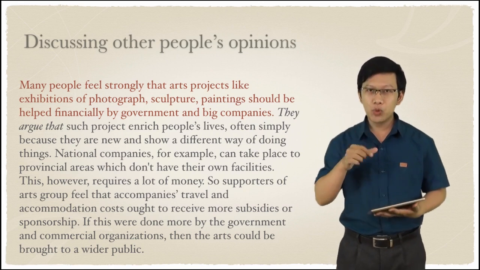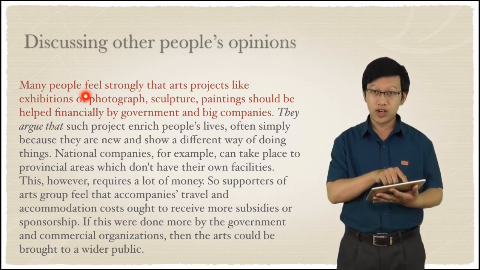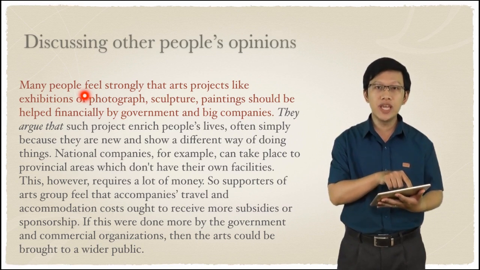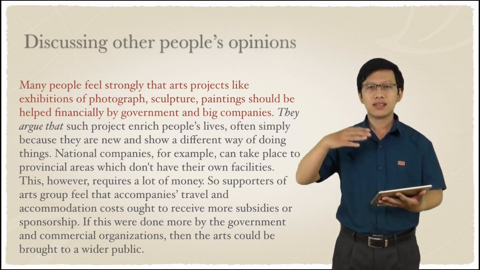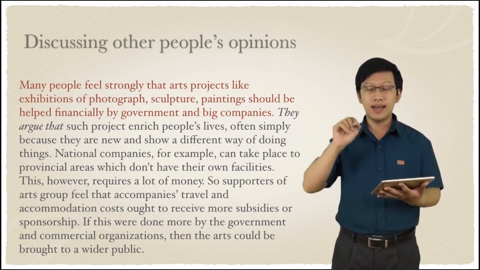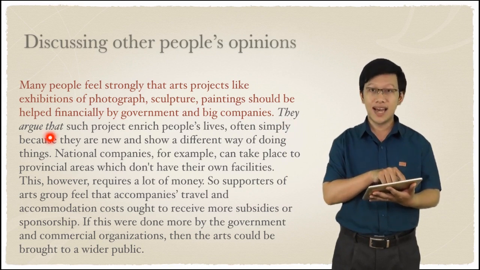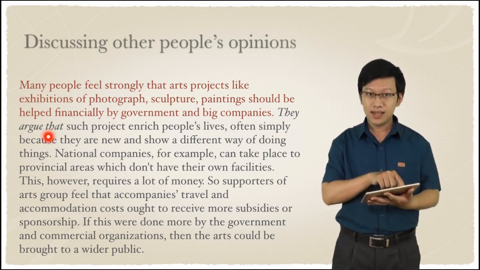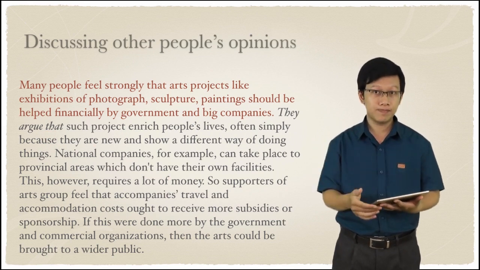And we see, how do we know that this is another person's opinion? Looking at the phrase: many people feel strongly that. This is not my idea, this is other people's idea, right? And then we continue by saying, they argue that, right? They take this opinion and they argue that. Okay.